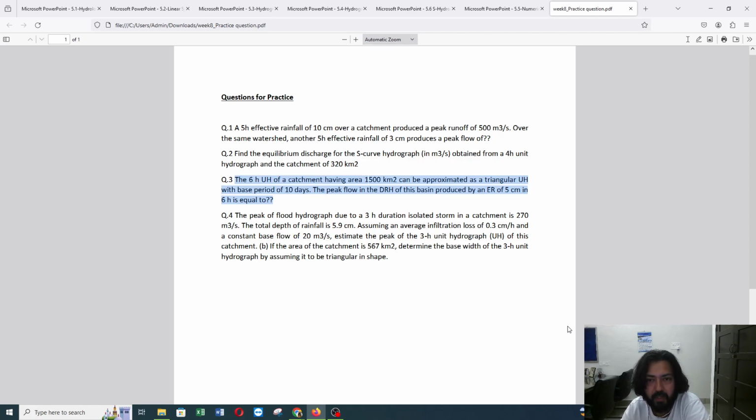So they are asking us to calculate the peak flow. How can we do that? Again we need to remember the procedure of how to derive the DRH. Firstly, we are going to calculate the volume, which is nothing but the area under the curve.